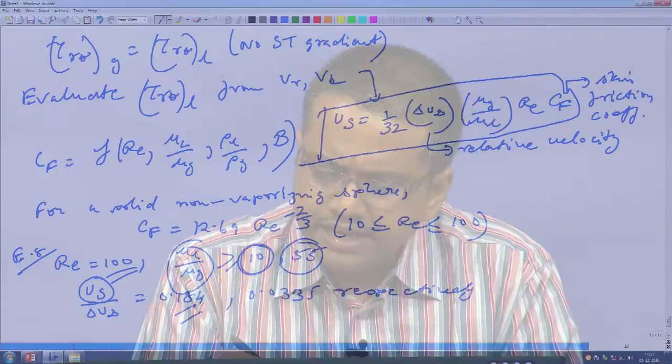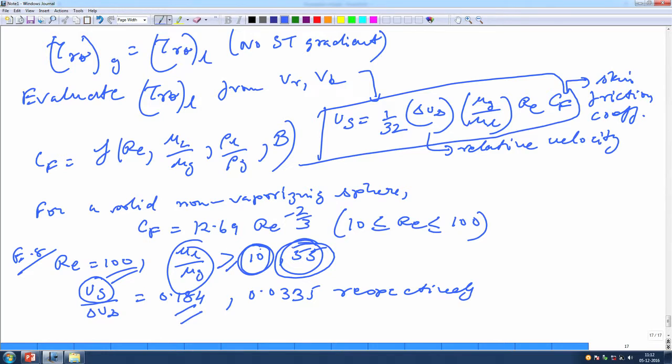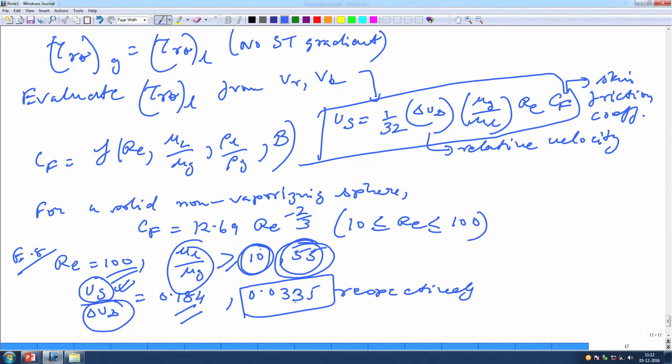On the other hand, as we increase the viscosity ratio to 55, that means the liquid phase perhaps has become a more viscous fluid, say a glycerol water mixture, something like that. You will find that the velocity Us for the same velocity in the external phase is a much lower number, only about 3.5%. So, as you make the inside of the droplet more viscous, less will be the velocity created by this surface friction.